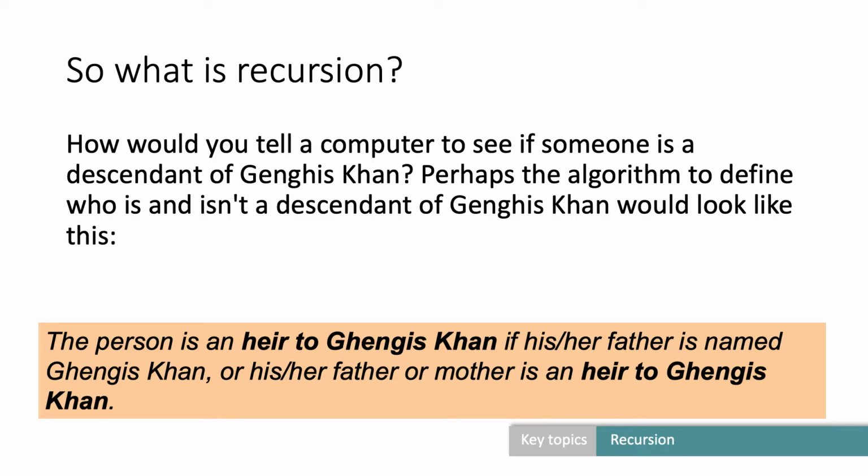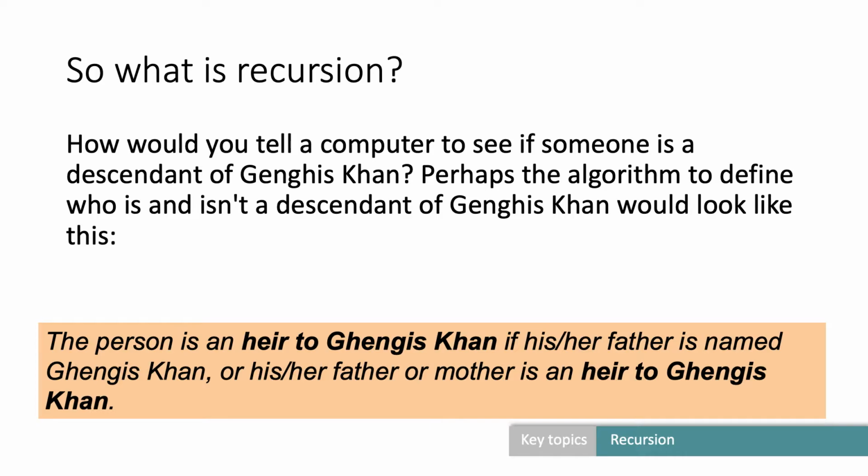Another example of recursion from real life is: how do you tell if someone is a descendant of Genghis Khan? Well, you're a descendant of Genghis Khan if your father is named Genghis Khan, or if their father or mother is an heir to Genghis Khan. So the base case in this case is if your father is Genghis Khan.